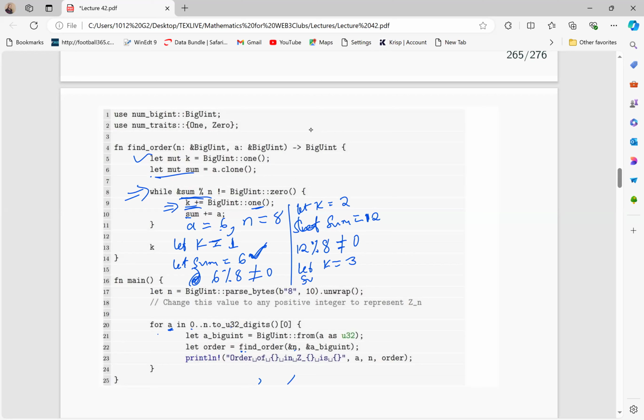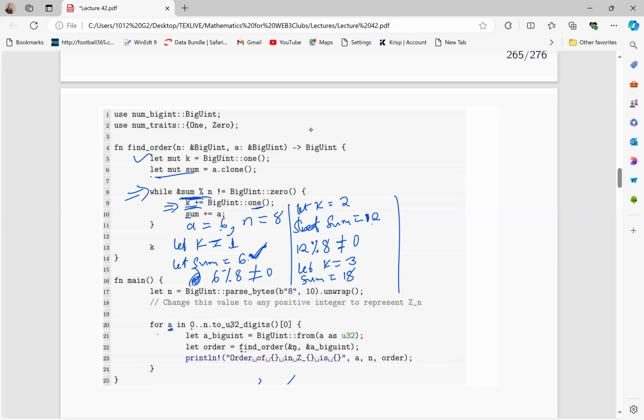And the sum now becomes the sum we had, which is 12, plus 6. This will be 18. Then again, try this part.